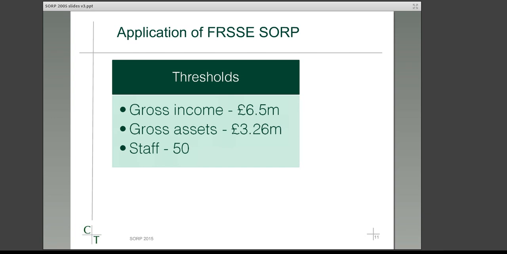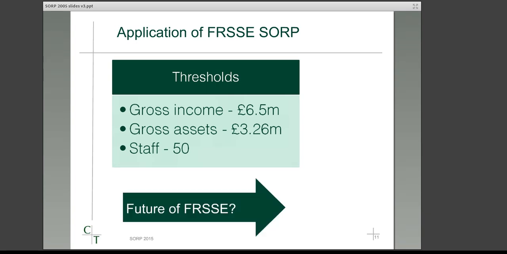Now, to do so, you have to be below 2 out of the 3 following thresholds, and these thresholds are a gross income of 6.5 million, gross assets of 3.26 million, and a staff count of 50. So if you are below 2 out of 3 of these in both the current year and the preceding year, then you're able to apply the FRSSE version of the SORP.